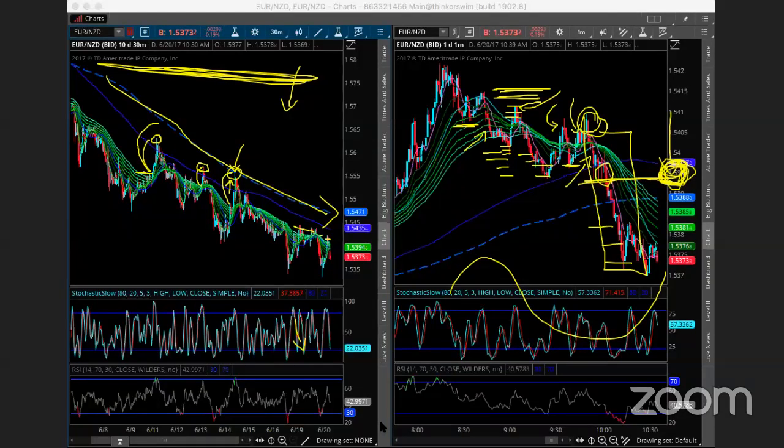How did we do today? Did some of you have some pretty good dollar amounts on Euro Kiwi? I mean, we pretty much nailed a lot of those moves on Euro Kiwi, and it moves around pretty good. This is a lot on the charts that we just went over.